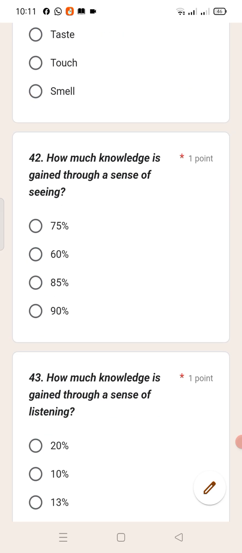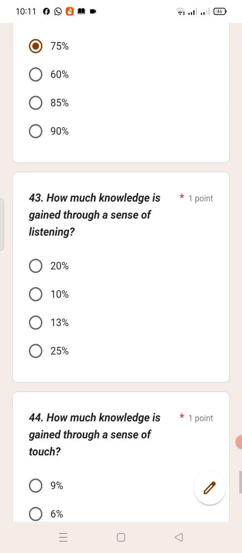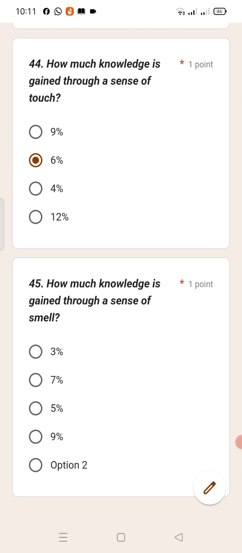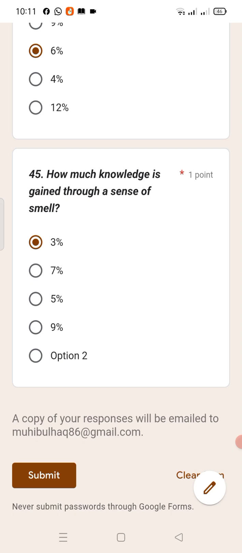How knowledge is gained through sense of seeing? 75% देखने से आता है. How much knowledge is gained through sense of listening? Listening से 13. तो how much knowledge is gained through sense of touch? इसमें 6. How much knowledge is gained through sense of smell? इसमें 3. तो ये मेरे रिस्पॉन्सेस थे.